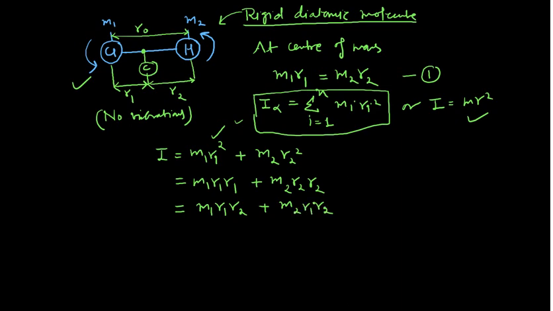It is not actually good to say separating the variable; basically I am rearranging the equation. So why am I doing that? Here you will get I equals to, you can take r1 and r2 as the common entity, and then you have m1 plus m2. There is no problem in that. Say this is equation number 2.